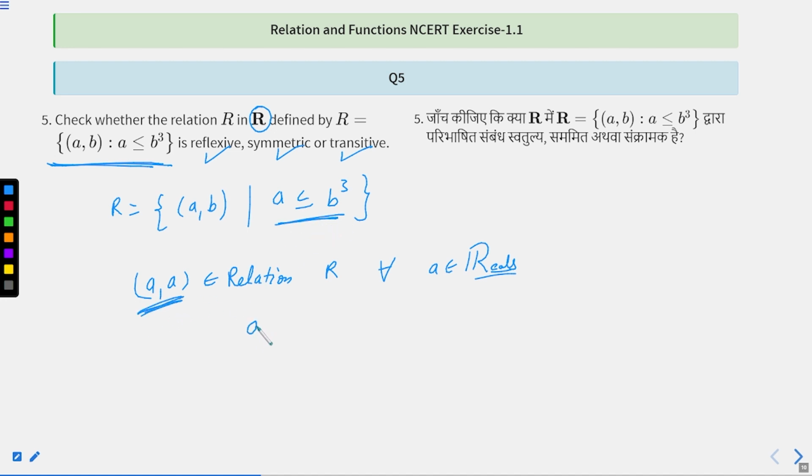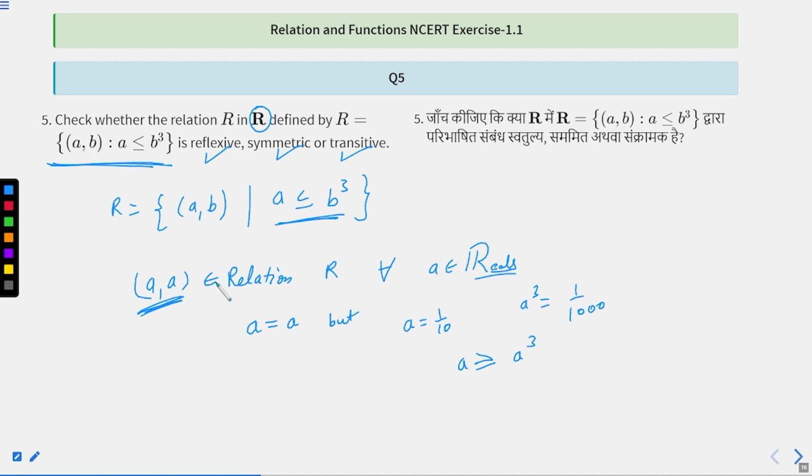We know that a is equal to a, yes, but if you take a as 1/10, then a cube, what will it be? a cube will be 1/1000, and we know that a is greater than or equal to a cube, as you can see.